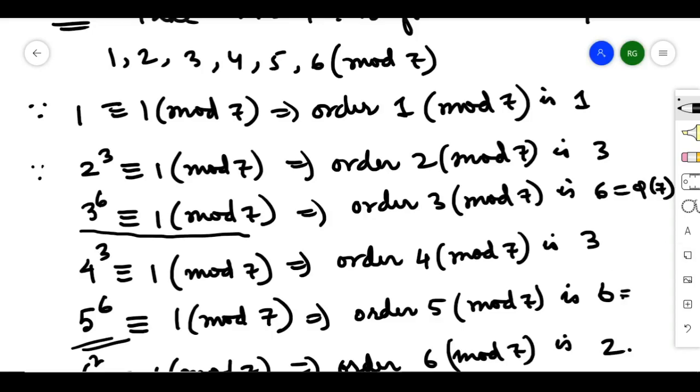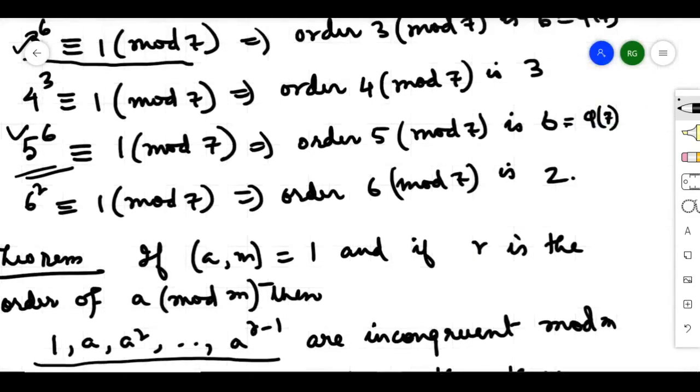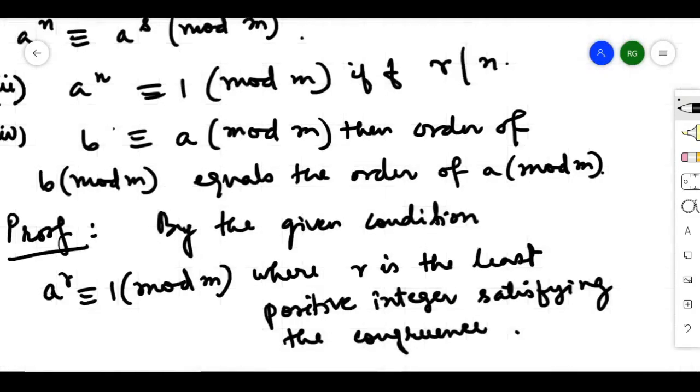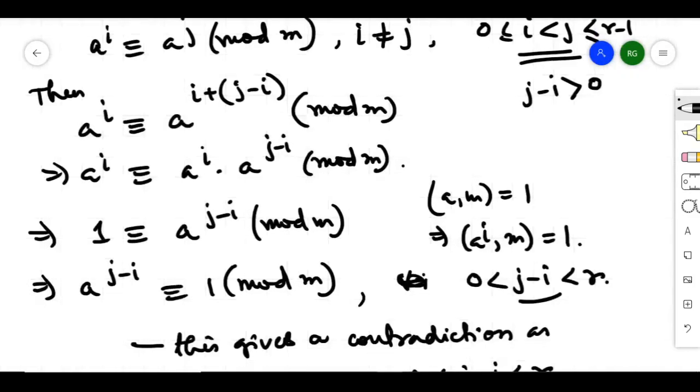So the order of each of the integers 3 and 5 is 6, which is equal to phi 7. Therefore we can say that 3 and 5 are primitive roots of 7. So we have got one example of primitive roots.